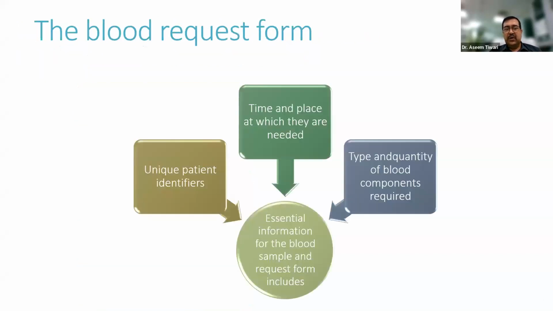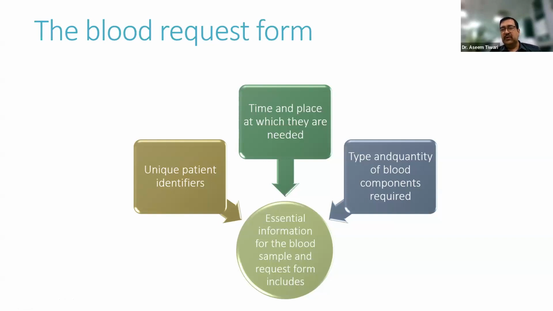Now, a blood request form again has to have a unique patient identifier, most commonly name and UHID, the unique hospital ID, the time and place at which the blood is needed, such as so and so ward and bed or so and so operation theater, and at what time it is needed, that has to be specified, and the type and quantity of blood component.